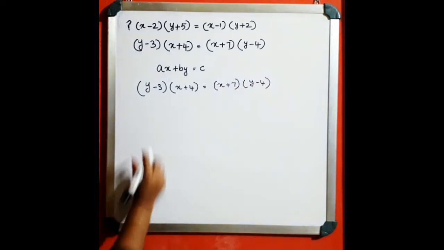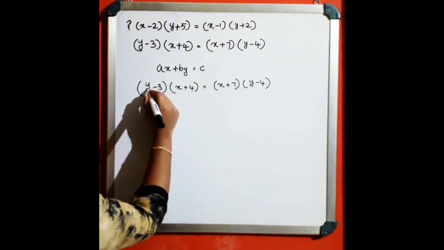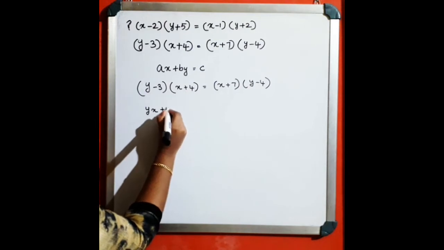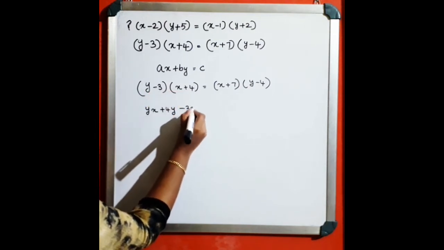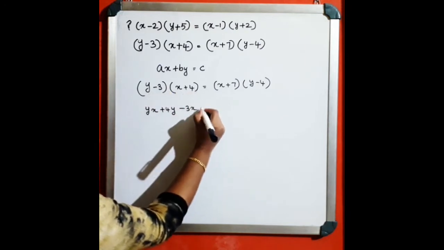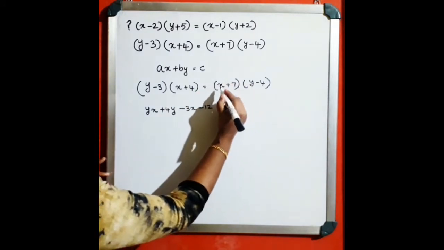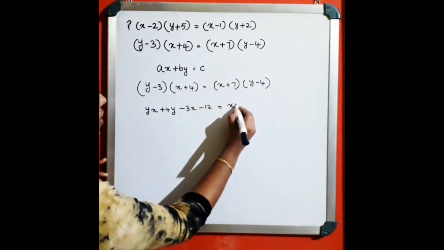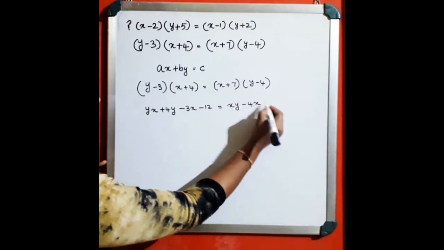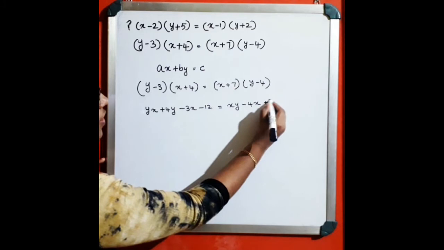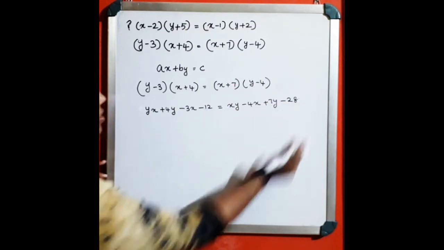Simplify the brackets, we get y into x is yx, y into 4 is plus 4y, minus 3 into x is minus 3x, minus 3 into 4 is minus 12 is equal to, RHS side is x into y is xy, x into minus 4 is minus 4x, 7 into y is 7y, and 7 into minus 4 is minus 28.